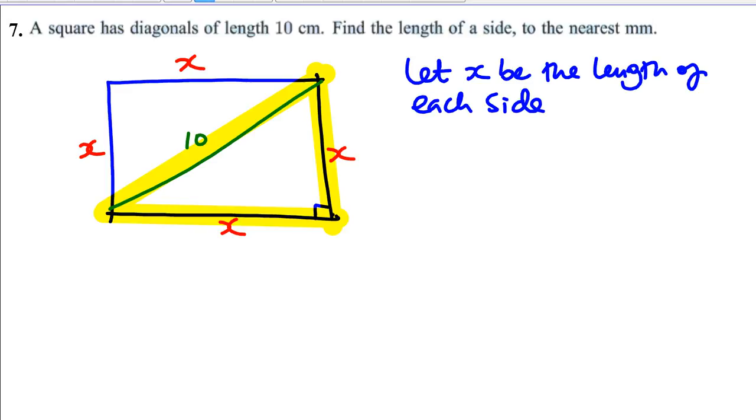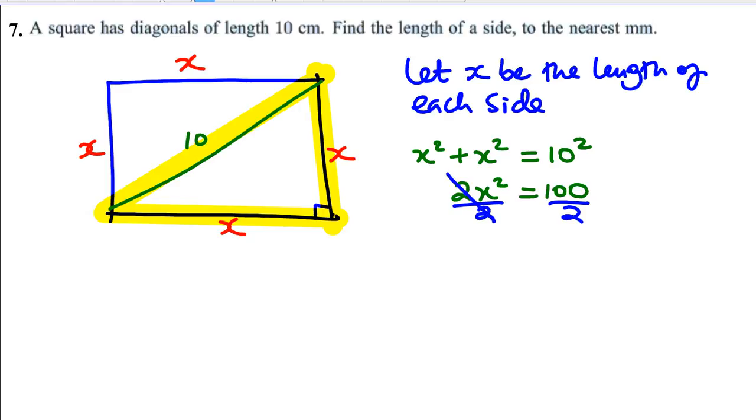If you apply the Pythagorean relationship, we'll end up with x squared plus x squared is equal to 10 squared. So 2x squared will be equal to 100. Then we can divide by 2 on each side.